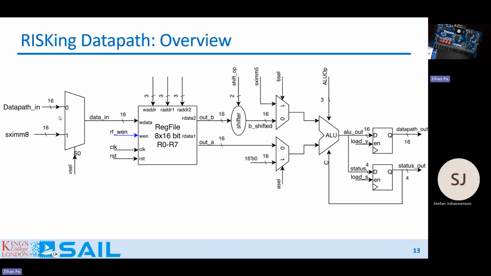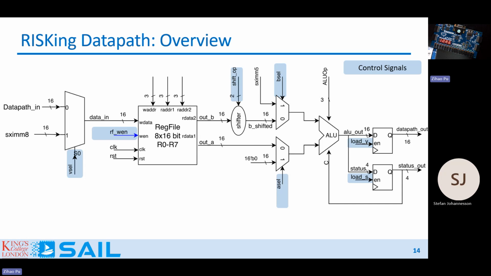You have to select between the datapath in and SXIM8. So, a quick overview. Inside this datapath, you have all these control signals, which are vsel, RF, REN, WEN, which means write enable. And you also have a shift op, which is the operand for the shifter that you designed in the last task.